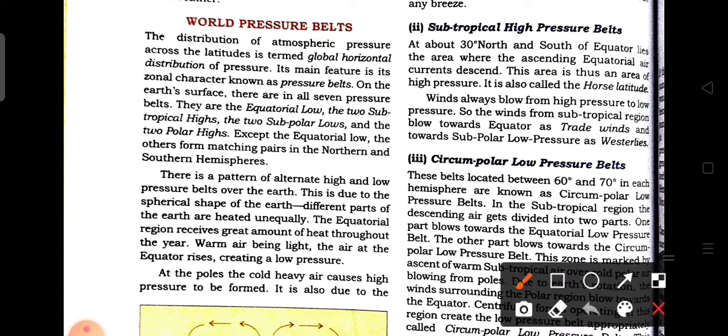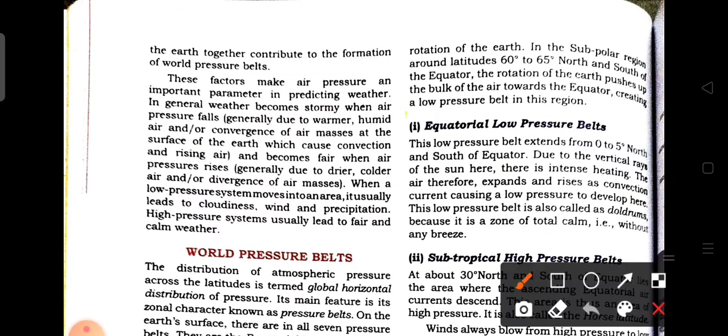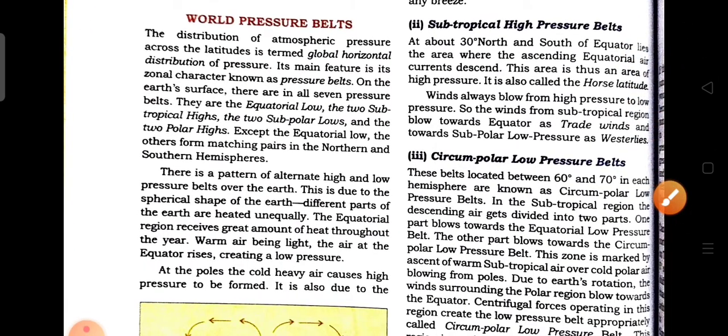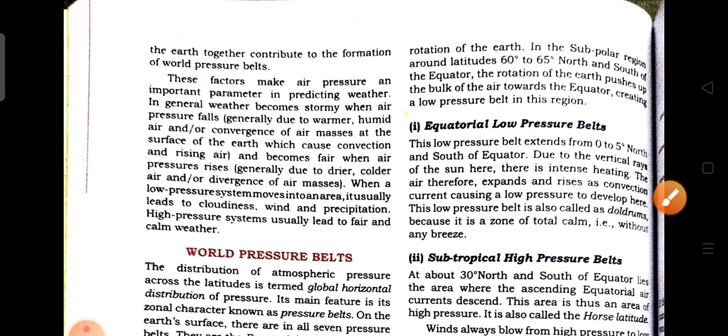It is also due to the rotation of the earth. Why is high pressure prevailing in the two polar regions? Because of the rotation of the earth. That means there are two causes for the high pressure prevailing in the polar region: the cold climate in the polar region and also the rotation of the earth.